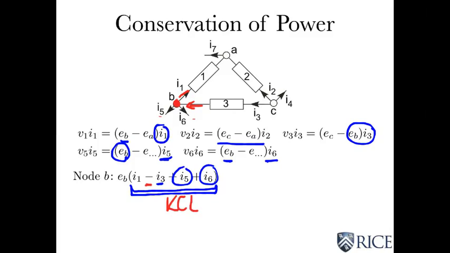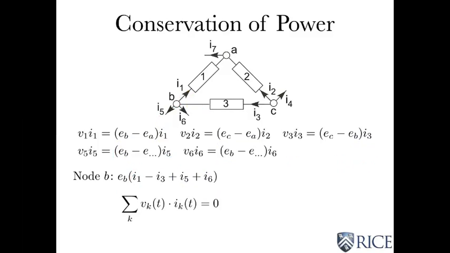And what's going to happen when you group the sum of the VK-IKs according to node voltage is that, because KCL applies at every node, you're going to get a KCL equation. Since all these terms are 0, for every node voltage, the sum of the VK-IKs is 0. Amazing. So we have proven what we wanted.